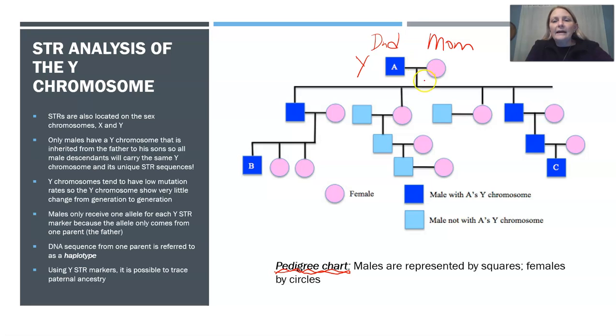So this line means, okay, here's the mom and dad, and they're connected. And then this line here connects all of their kids that they had. So they had a son here, this dude. They had a daughter. And here's another daughter. And another son.